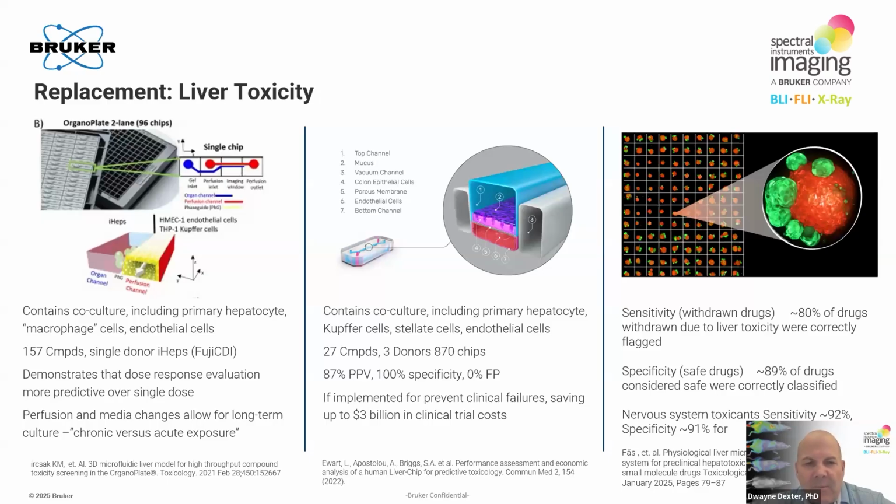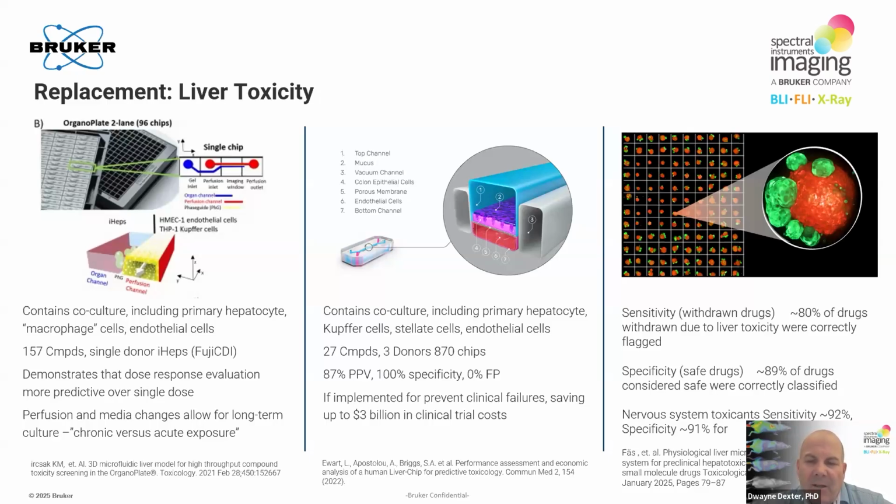So using a cell source that's repeatable and reproducible is one finding. The other finding is that dose response was critical in identifying compounds that cause drug-induced liver injury. So making sure that you're able to do a dose response and find that window where drug-induced liver toxicity was found.